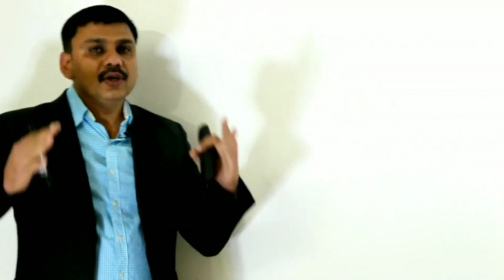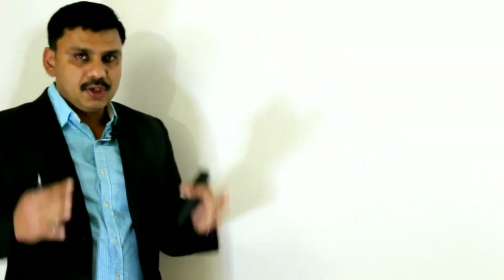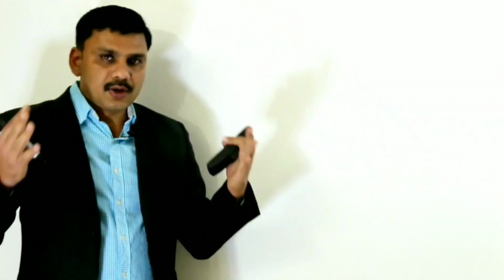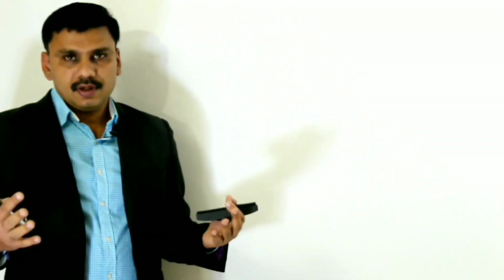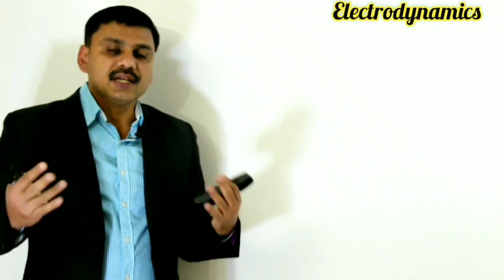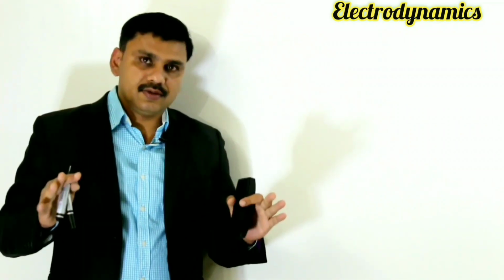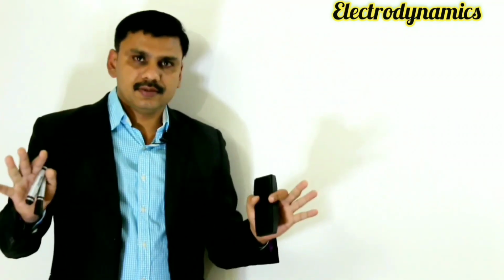Today I am with a new topic, a new unit: Electrodynamics. Electrodynamics is one of the simplest units in matric paper 1 physical science, so all can score marks from it.